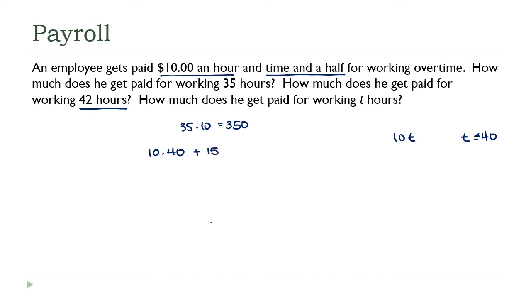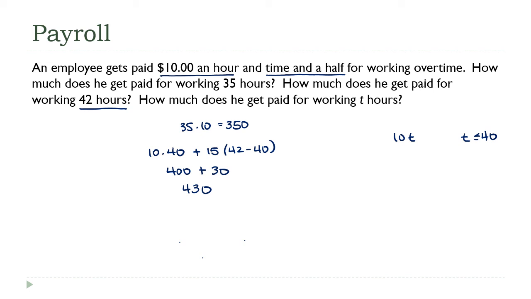But he only gets that 15 for the hours worked over 40. And I know you can just kind of look at that and say, okay, well, that's 2 hours, right? But I need you to stop and think for a minute about where that 2 came from, right? That 2 is the 42 hours minus the 40 hours that he already got paid for, right? So this is 400 plus 15 times 2 is 30. That's 430.